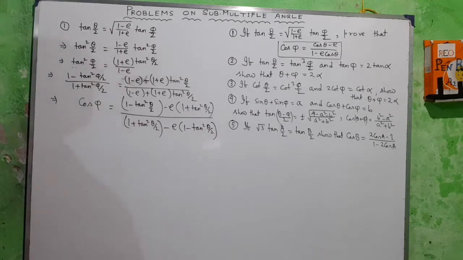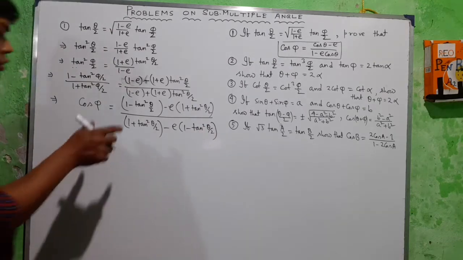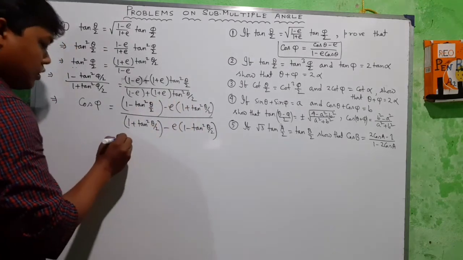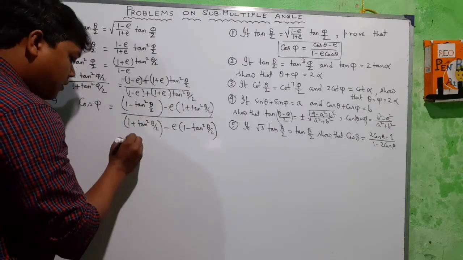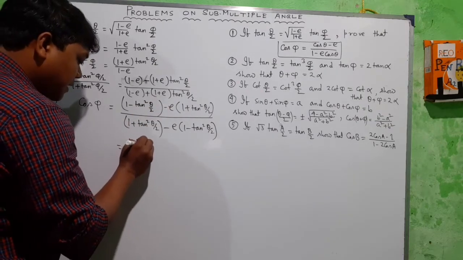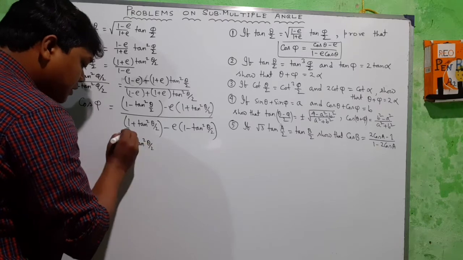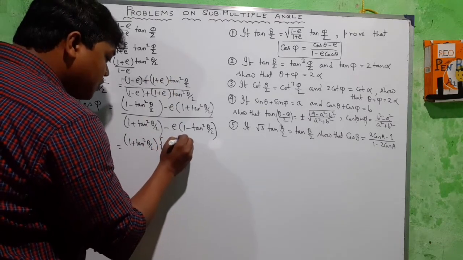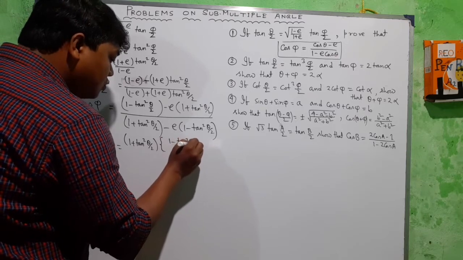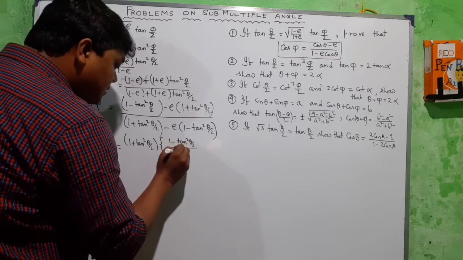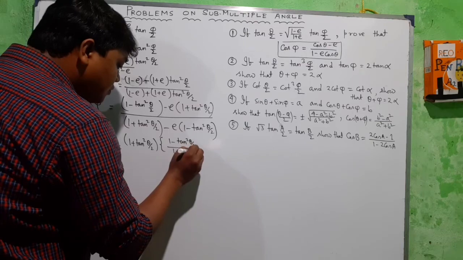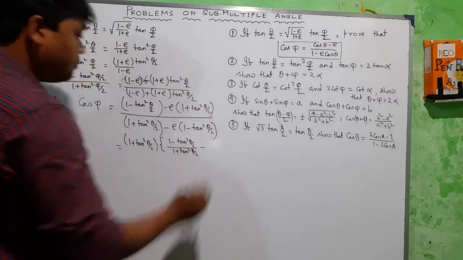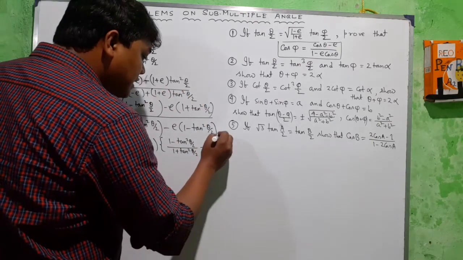Right? So now if we take the common part 1 plus tan square theta by 2 in the numerator, we will get (1 minus tan square theta by 2) by (1 plus tan square theta by 2) minus e.